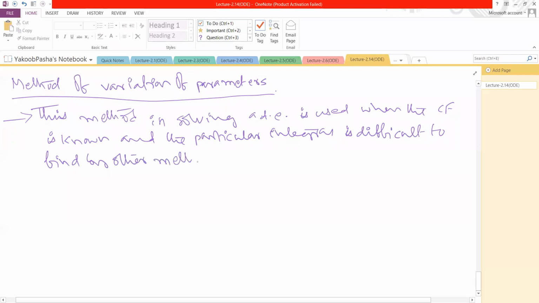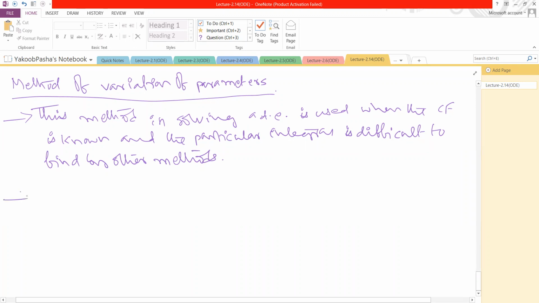Okay, we have formulas or methods for sin ax, cos ax, not for cosec ax, sec ax, tan ax. So it is a method for when we know the complementary function. We can find a particular integral by using this method.